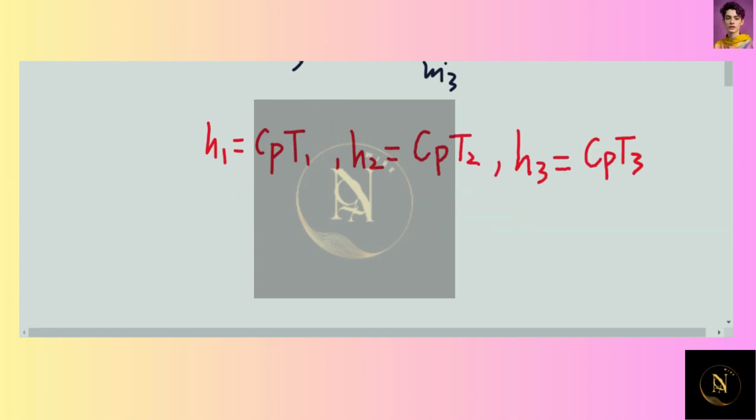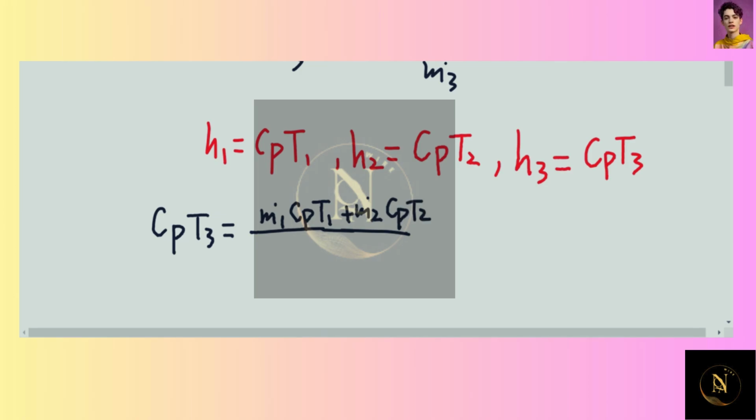So we have Cp T3 is equal to M1 dot times Cp T1 plus M2 dot times Cp T2, and then over M3 dot.